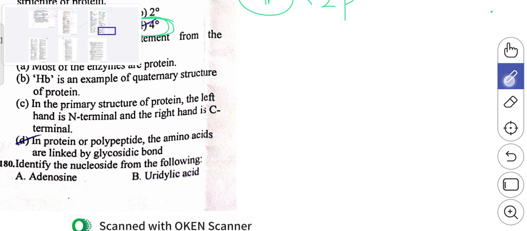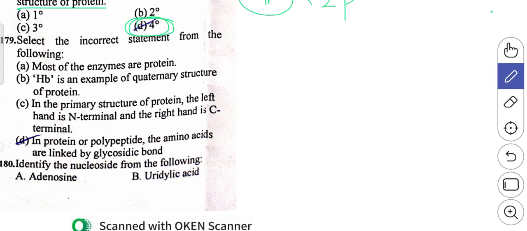Then the next question, select the incorrect statement of the following. A, most of the enzymes are protein. So correct. Most or all enzymes are nothing but proteins, but all proteins are not enzymes. Second statement, HB, that is hemoglobin, is an example of quaternary structure of protein. This is right.